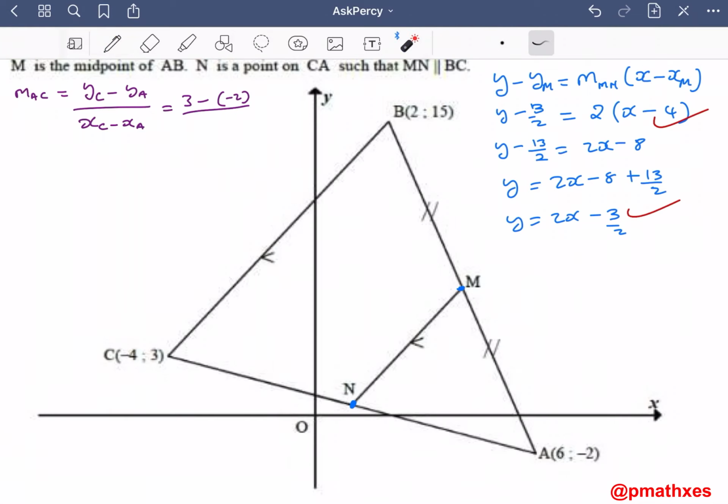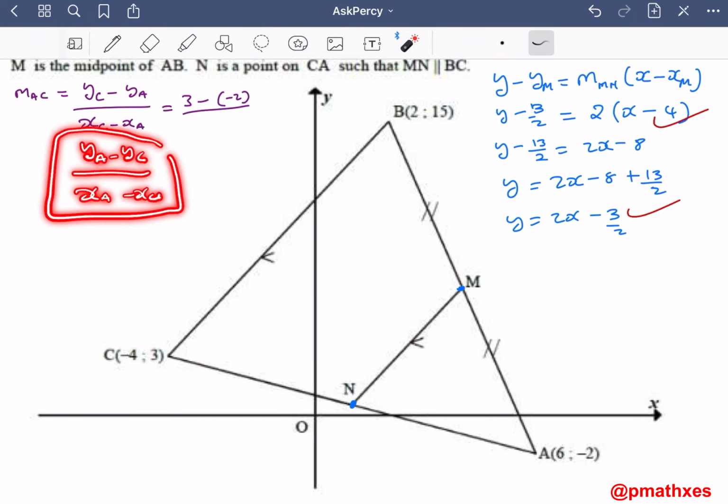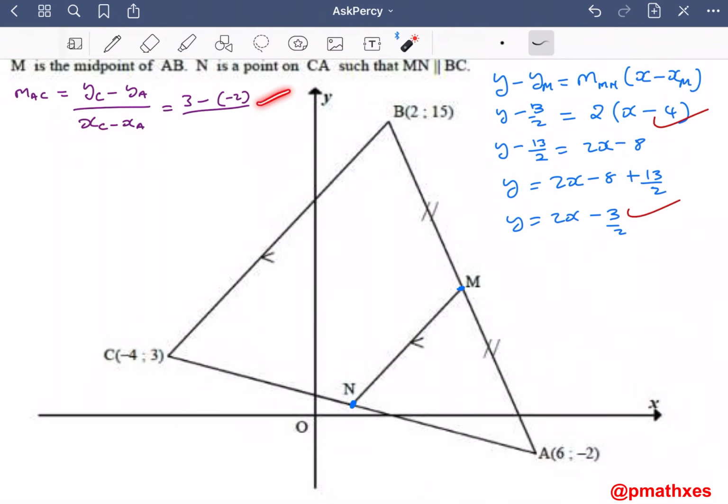And remember, you can say y of a minus y of c over x of a minus x of c. Up to you which one you want to start with. So while I'm doing this one, I want you to do that one and see if you're getting the same answer. We should get the same answer.